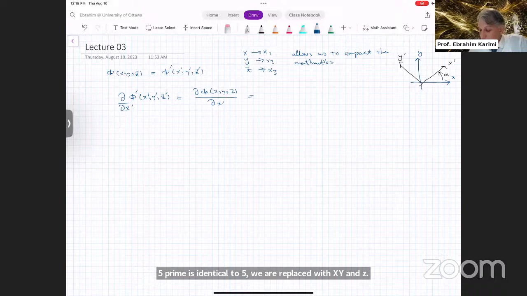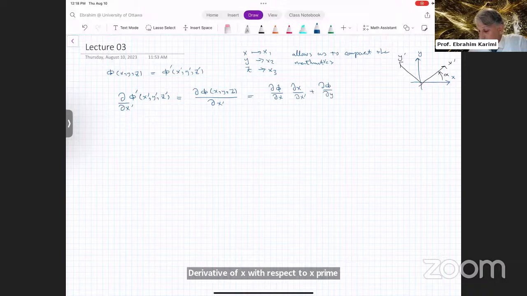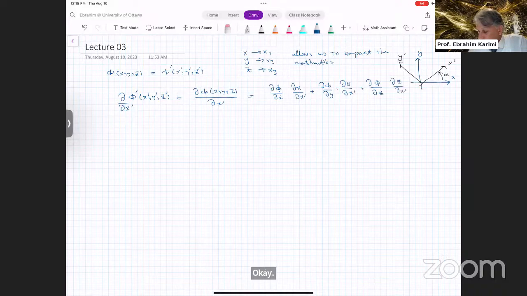And indeed, the result will be the partial derivative of phi with respect to x, times the derivative of x with respect to x prime, plus the partial derivative of phi with respect to y, times the derivative of y with respect to x prime, and so on, plus the partial derivative of phi with respect to z times the derivative of z with respect to x prime.